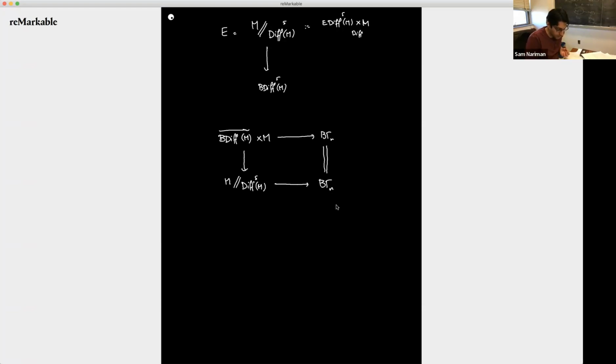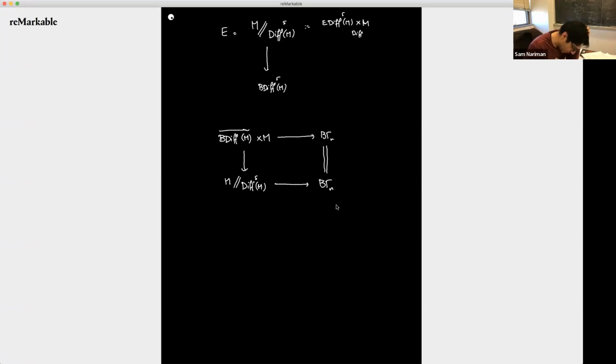I'm going to tell you why it's good to go to B Diff bar. Remember, B Diff bar was the object in the fundamental diagram that we could fill in the left-hand side for using the algebraic cohomology. Okay.